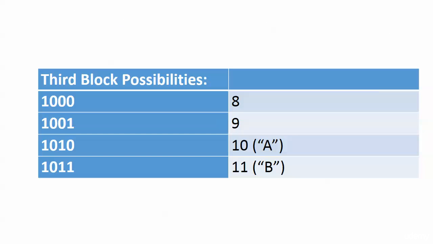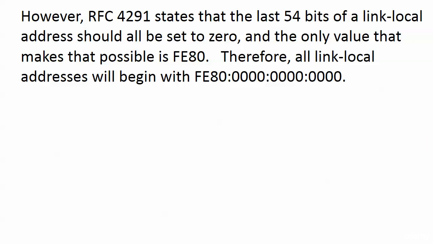I did say theoretically, didn't I? Well, the request for comments, which is a highly technical document that you're welcome to go out and read, you don't need to do so for the exam, but you are going to see these RFCs referred to from time to time. And this is RFC 4291. And it states the last 54 bits of a link local address should all be set to 0.